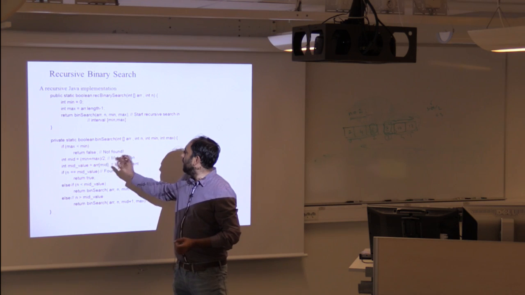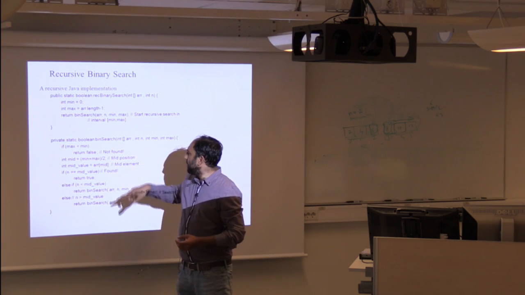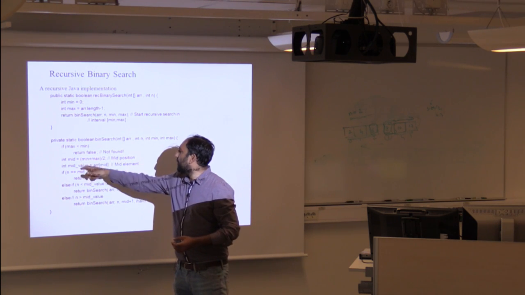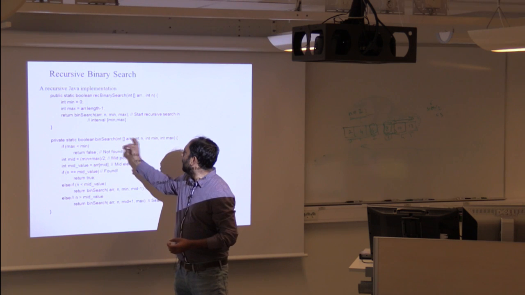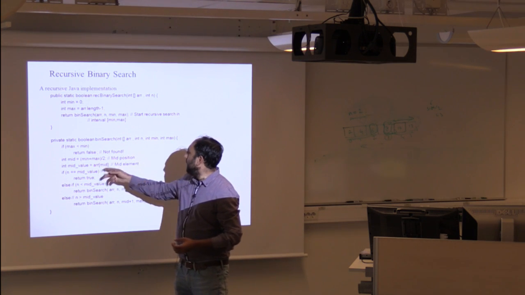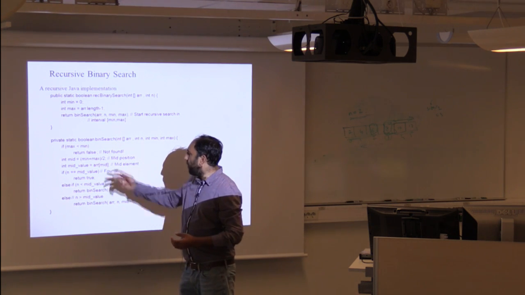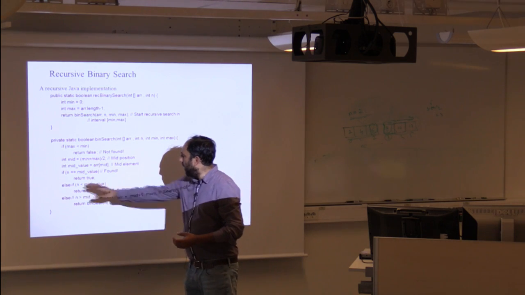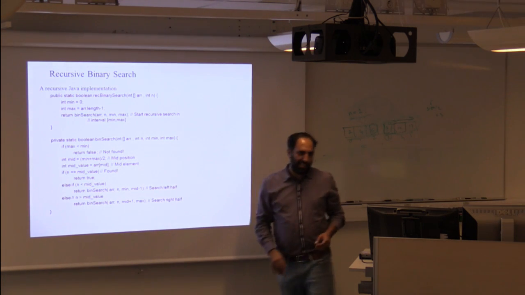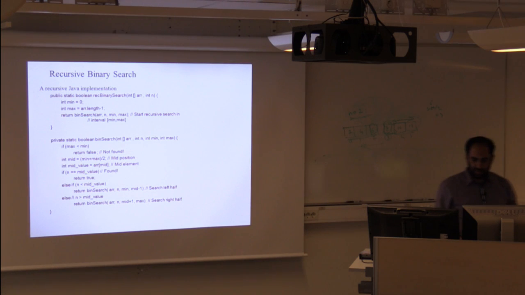Otherwise, you take the middle position, and you check if the middle position is equal to the value that you are looking for. In that case you have found the element, so you should return true. Otherwise, you keep on dividing it into 2 halves until you get an element.